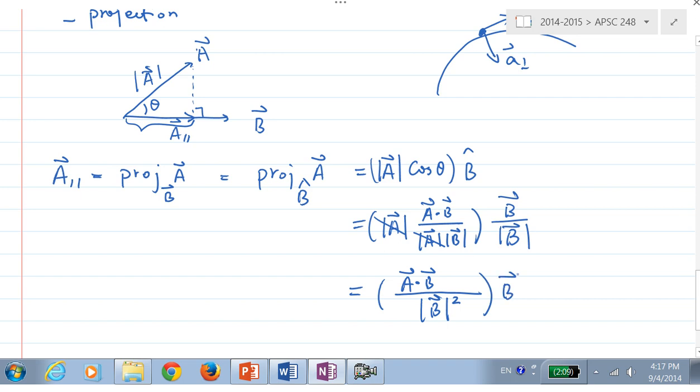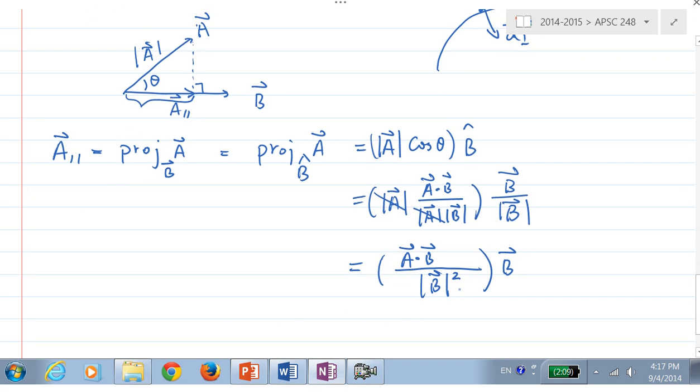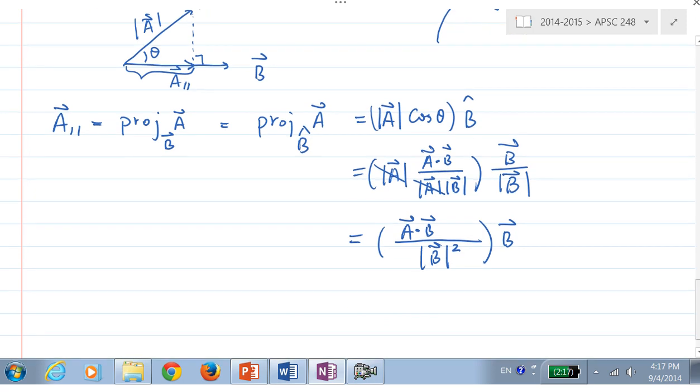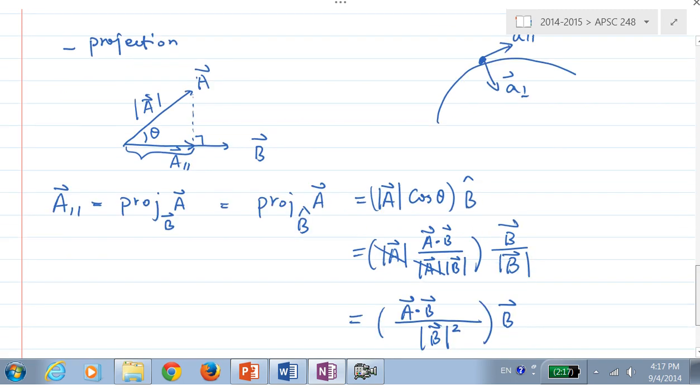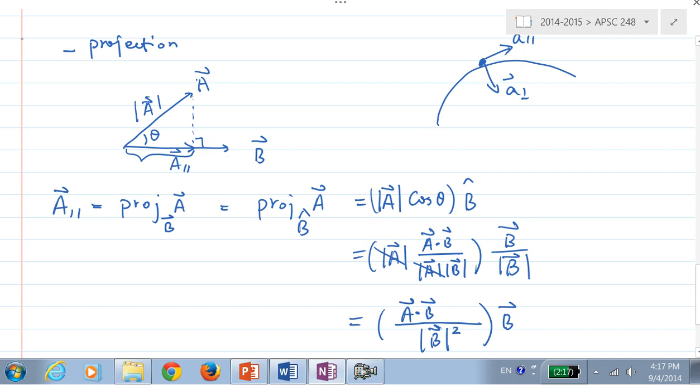You can call it a simplification or not, but that illustrates how you would find the projection. By the way, is this new? No, right? Good.